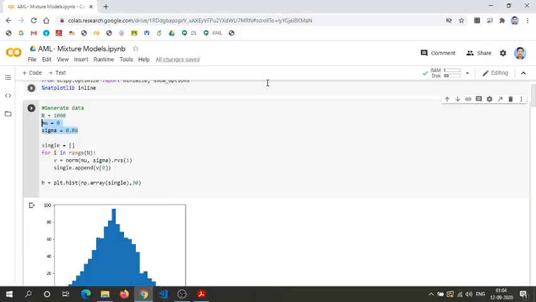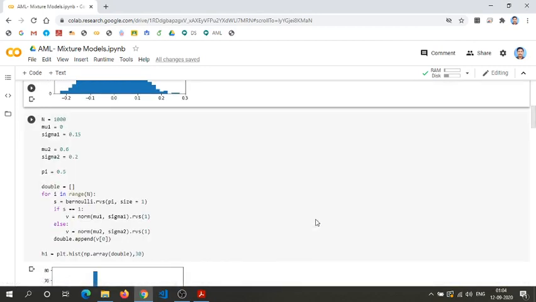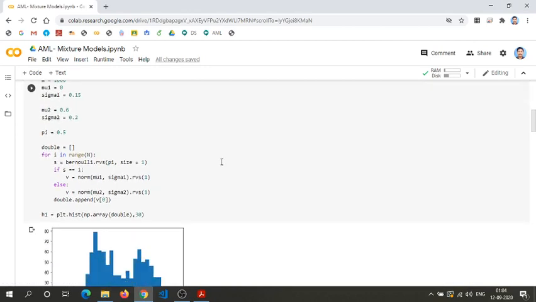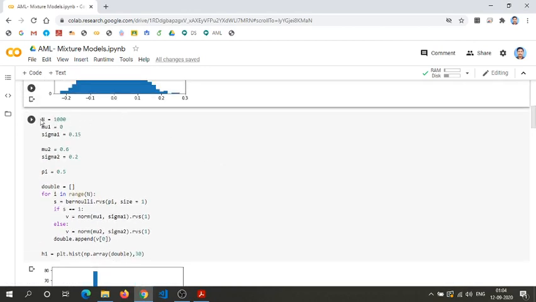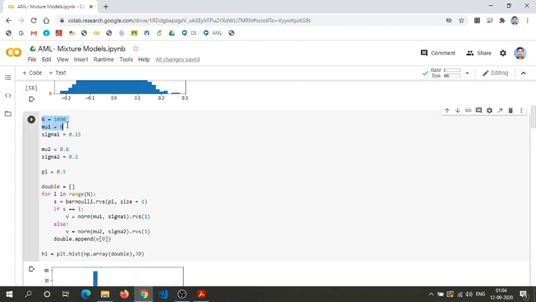Let's go back to this notebook and see some more. Let's see an example of a mixture model. We are once again generating, this is just opposite to what I have been telling right now. This is a generative process again. You have two mu's and two sigmas: this is your mu1 and sigma 1, and this is your mu2 and sigma 2.